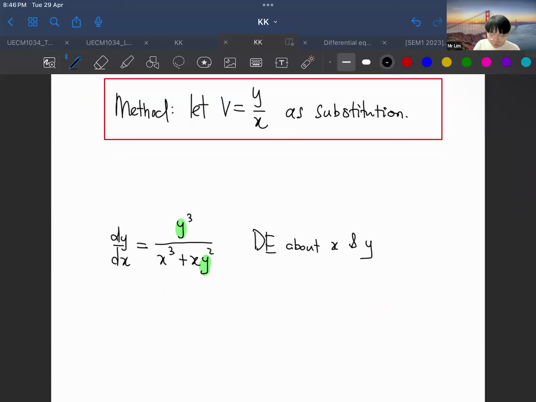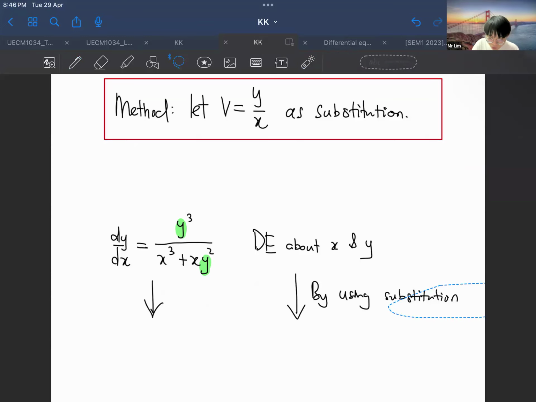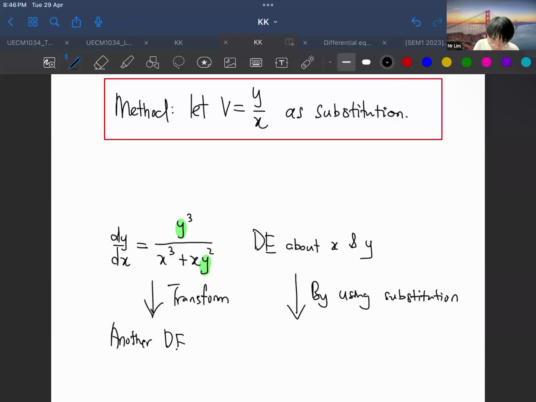So we wish, by using substitution, to transform to another differential equation that is about x.